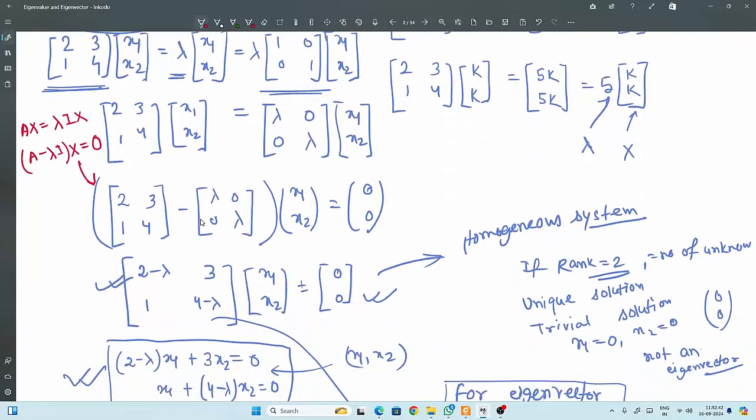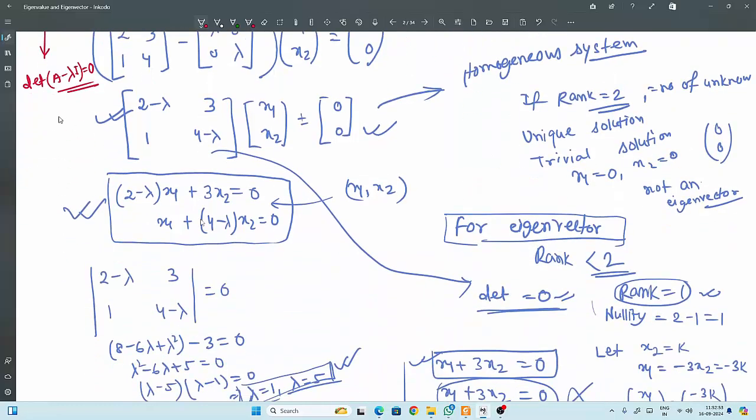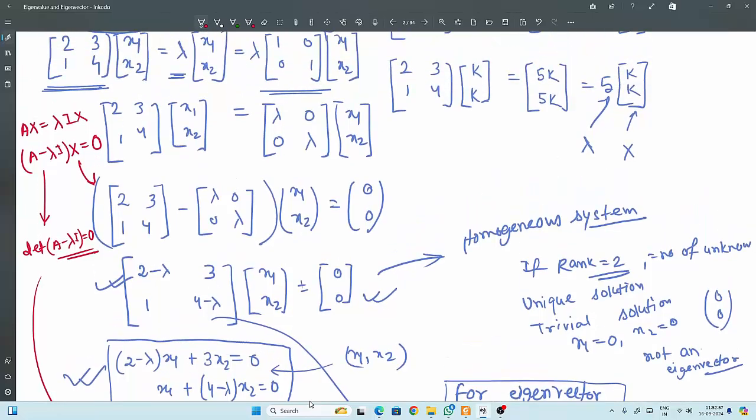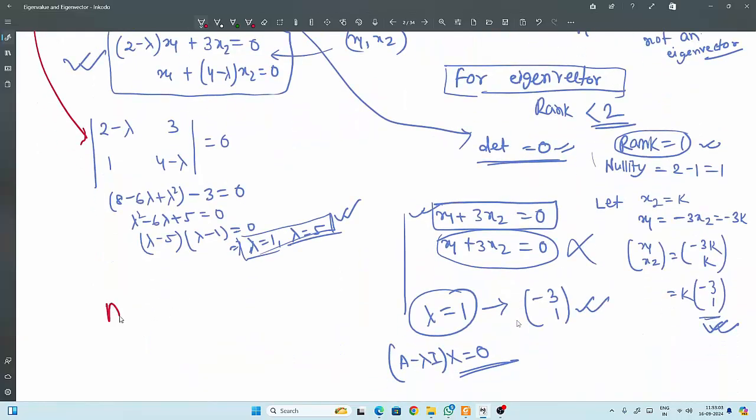Then for the infinite solution, we have taken the determinant of (A - λI) equal to 0. From the determinant of (A - λI) = 0, we have calculated lambda, and then we put the value of lambda in the system (A - λI)x = 0.